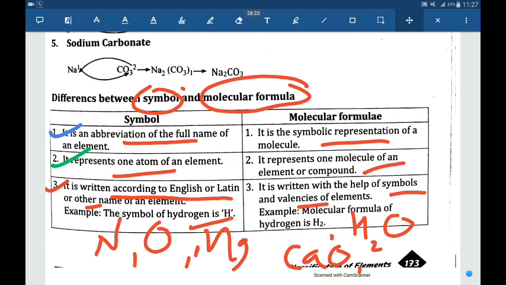Done? Last question: symbol and molecular formula. Differentiate between symbol and molecular formula.